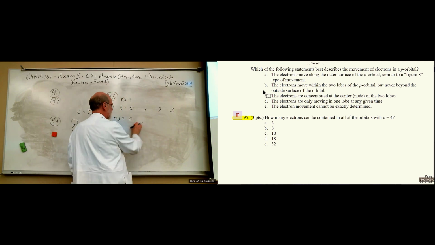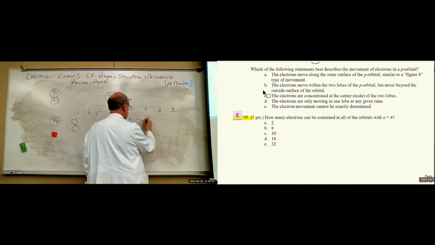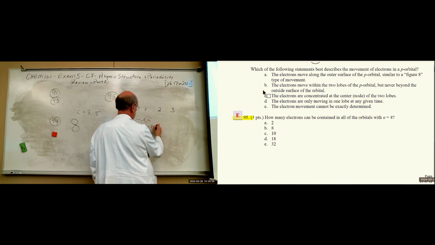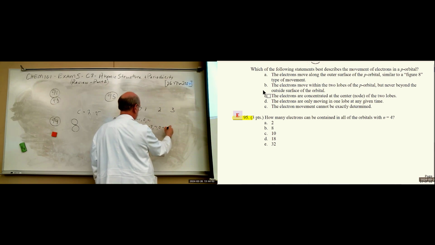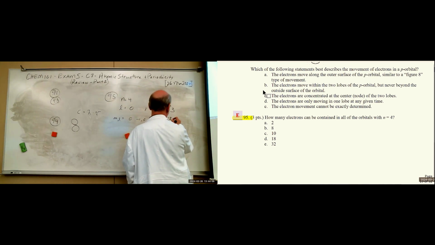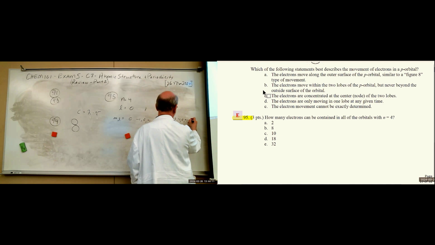This could be minus 1, 0, plus 1. This could be minus 2, minus 1, 0, plus 1, plus 2. And this one could be minus 3, minus 2, minus 1, 0, plus 1, plus 2, plus 3.